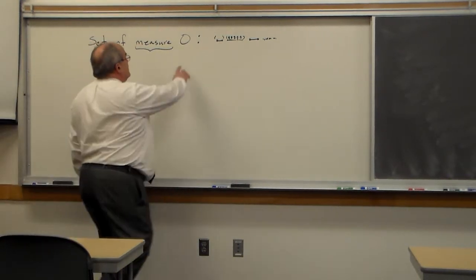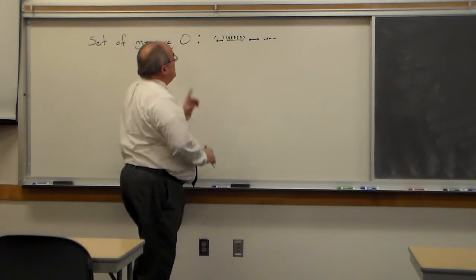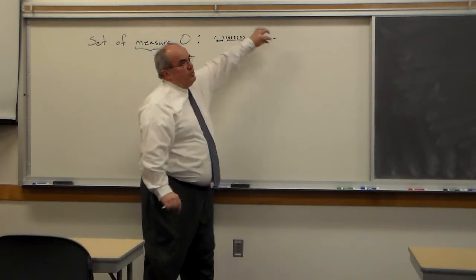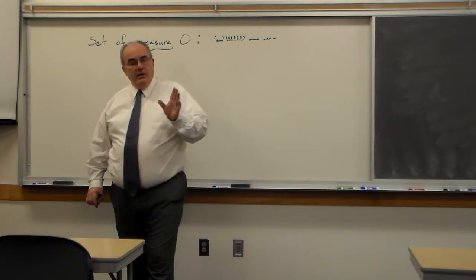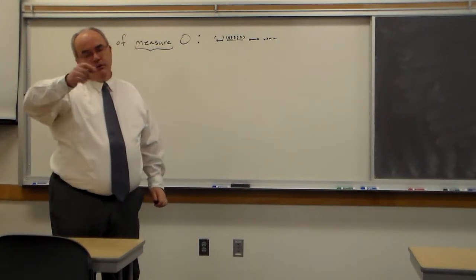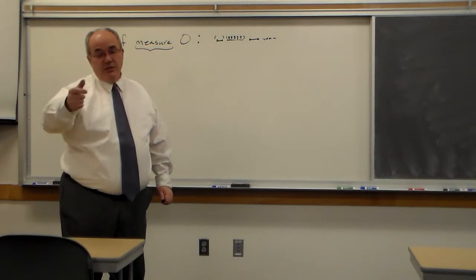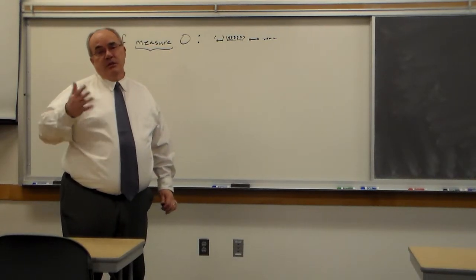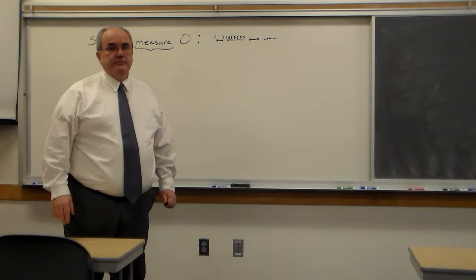To be a set of measure 0 means that you can find some open cover where the sum of the lengths of all of the sets in your open cover comes out to be less than epsilon for any epsilon.